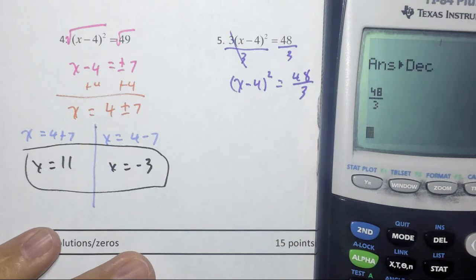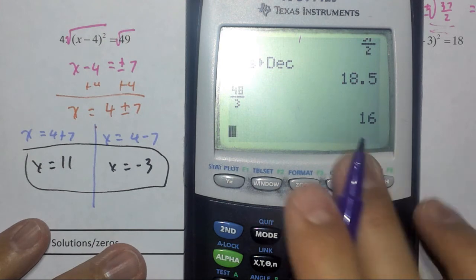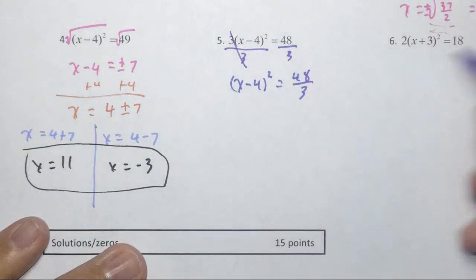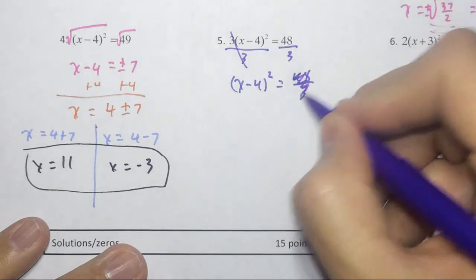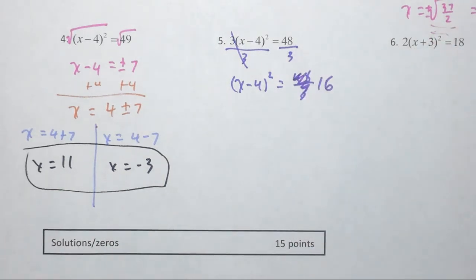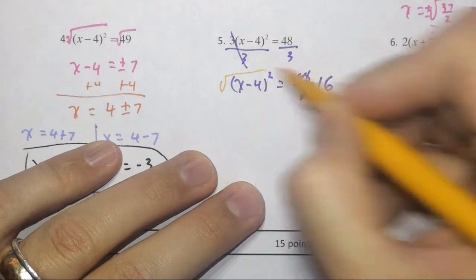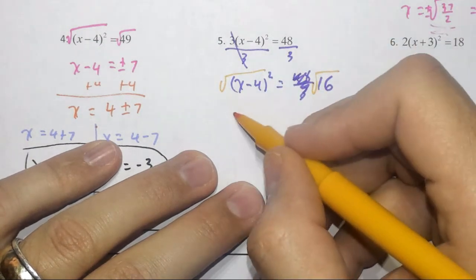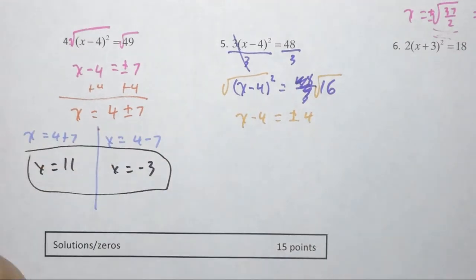It reduces to 16. If it was a fraction, you could have left the fraction. So what is it? 16 there. Now that we have that parentheses part by itself, square root there, x minus 4 equals plus or minus 4 right there.